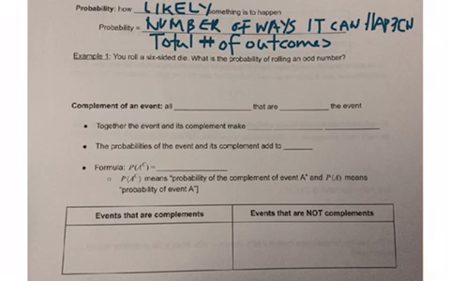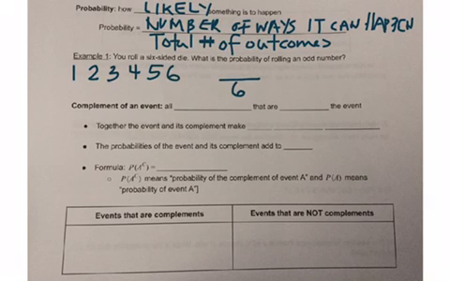So for example, if we rolled a 6-sided die, a regular standard die, what is the probability of rolling an odd number? Well, when we roll a die, we have 6 options. We could get a 1, 2, 3, 4, 5, or 6. So the total number of outcomes, the bottom number, is 6.